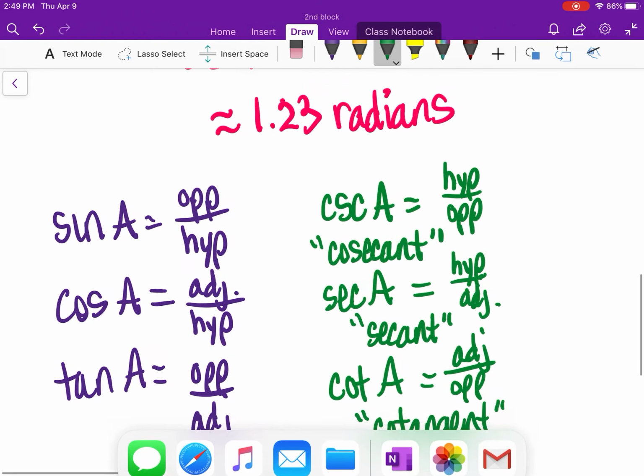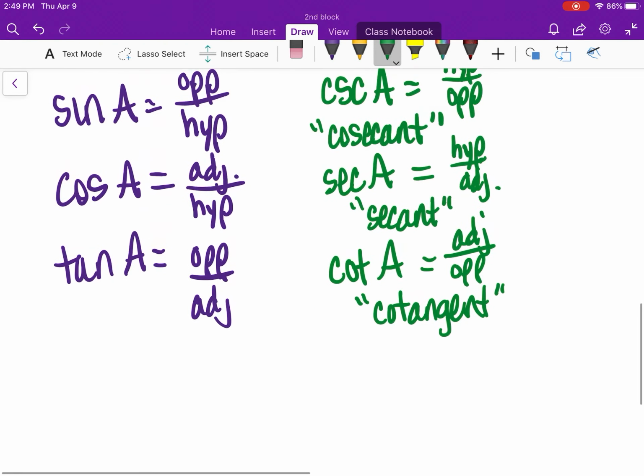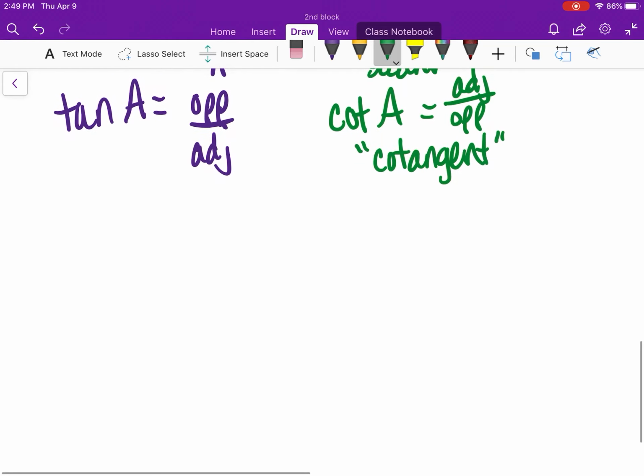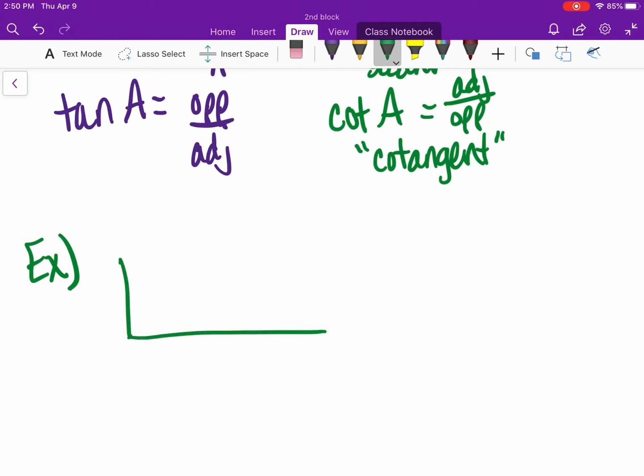Okay, so let's look at an example using finding cosecant, secant, and cotangent. One of the examples that we talked about yesterday had a right triangle.